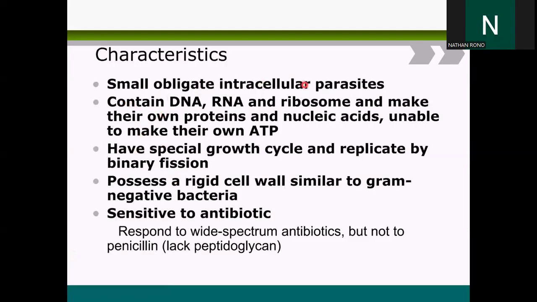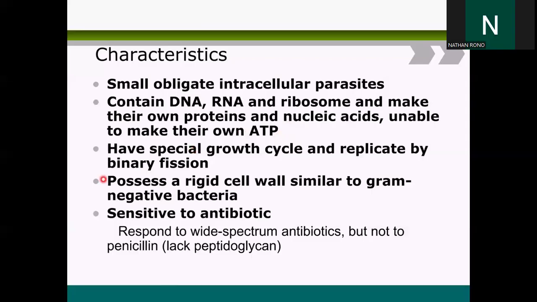Now, these are the characteristics of chlamydia. Small obligate intracellular parasites. Should be bacteria, that is. So if it is obligate intracellular, you will not be able to Gram stain it. We use Giemsa. They contain DNA, RNA, and ribosomes and make their own proteins and nucleic acid, but are unable to make their own ATP.